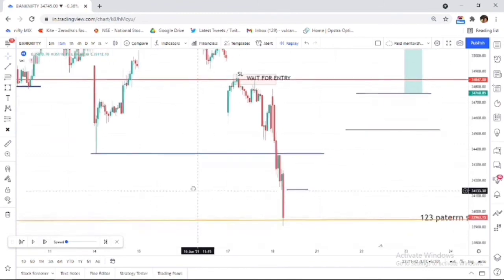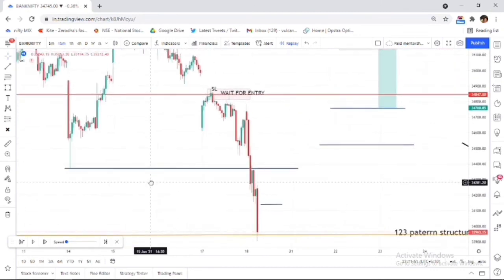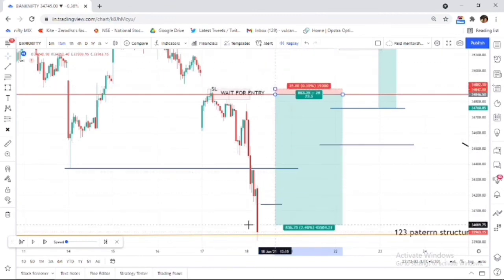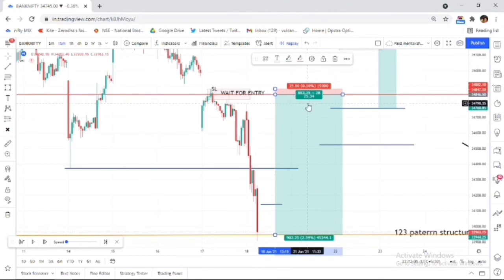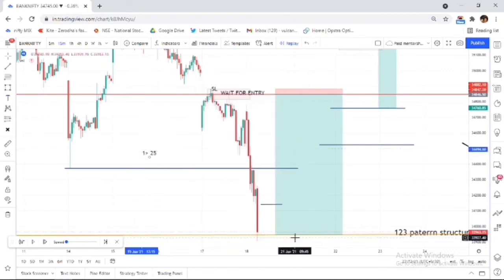See how the market is going down and down, and that was because the market was trying to clear the stops to the left, the lower highs or higher lows. Now see the risk versus reward. That is my risk, and this much was my reward. So this was 1:25.